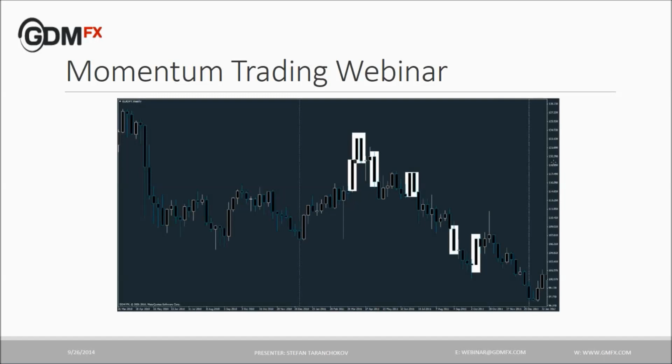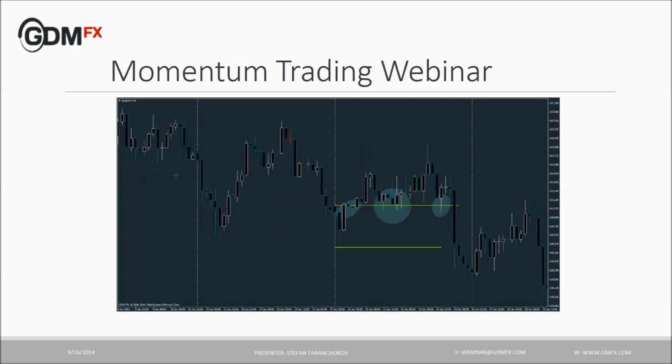What we need next is a 4-hour chart in order to establish the range for trading. We'll have a look at this in more detail later, but what's important is that we first identify the range, as indicated by the green lines here, and then look for breakouts.